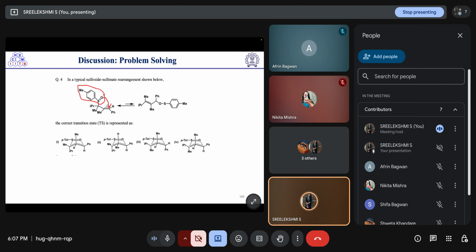This bond is migrating to here, and here S double bond O is there, but in sulfonate, as we can see, oxygen is connected to this position, so it is attacking through this oxygen at this position, and this is going here, and this bond is breaking. So this is forming. This is basically an equilibrium reaction in which the equilibrium will be more favored towards the sulfoxide. So which transition state can be formed here in this reaction?